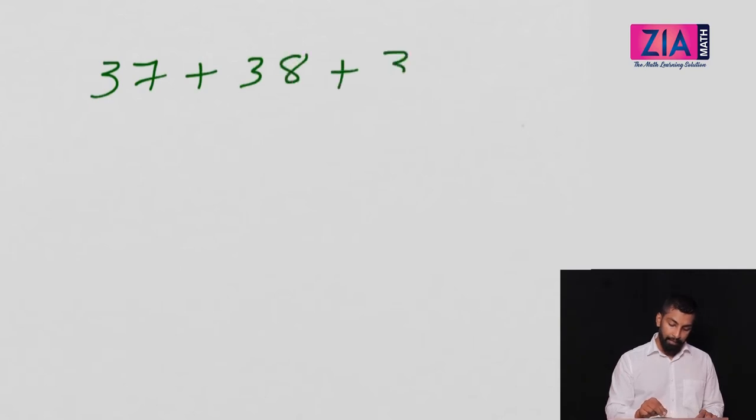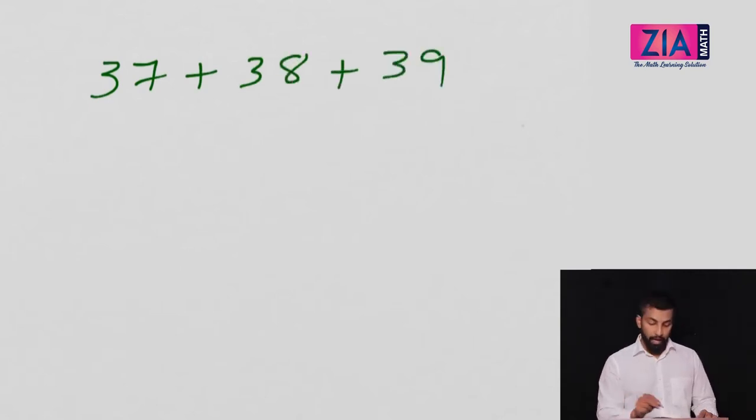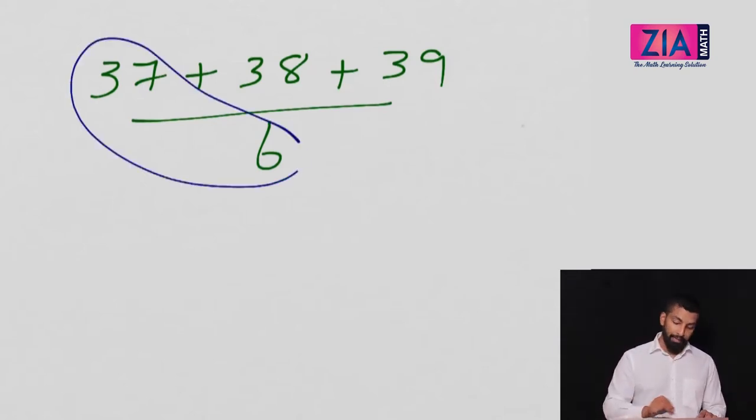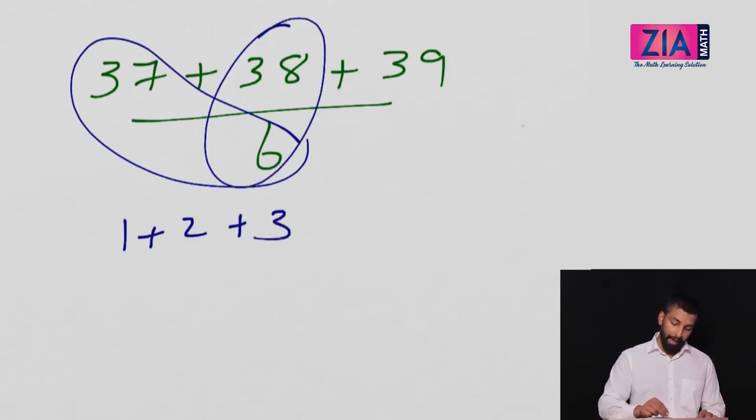So 37 plus 38 plus 39, now divided by 6. Here also you can take the individual remainders, and the actual remainder will be the sum of individual remainders. So you see the remainder in this case is 1 plus 2 plus 3.